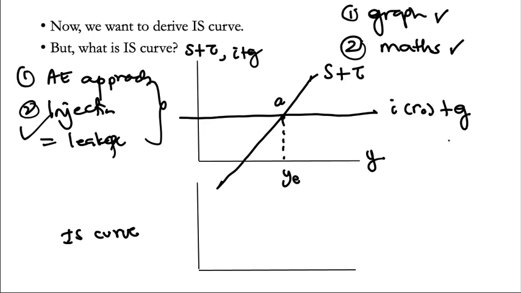Okay. Now, the second graph is the graph where we have IS curve or schedule. The first graph here refers to leakage and injection. So, on the vertical axis is interest rate, real interest rate. On the horizontal axis is real output. With current level of equilibrium at point A, in the corresponding IS curve that we want to derive, YE is here.